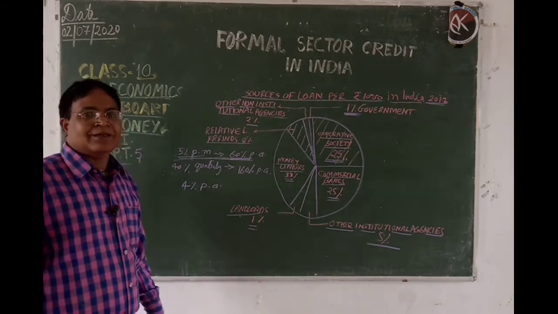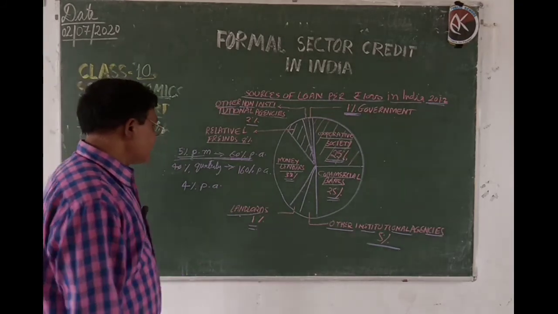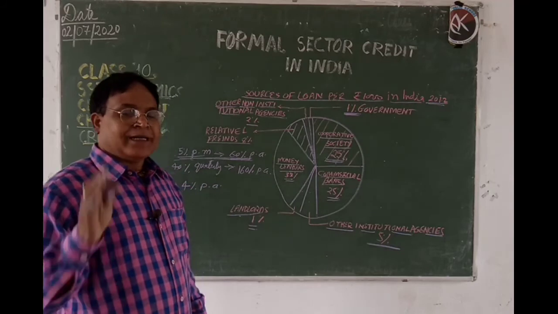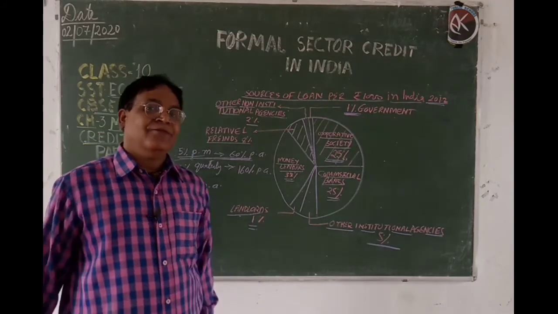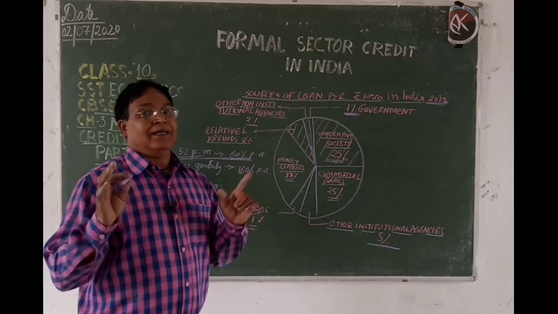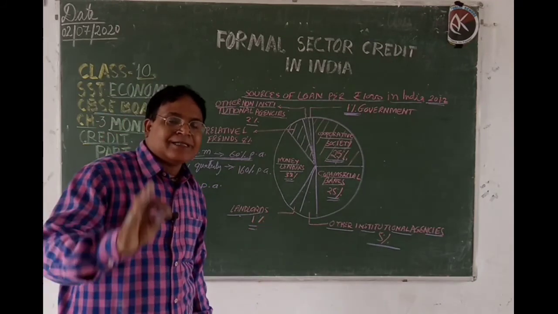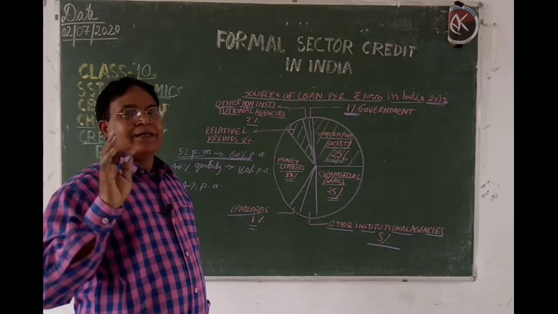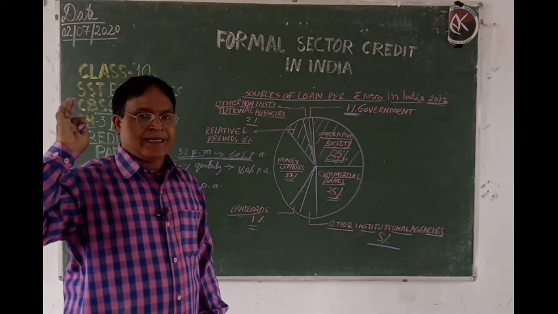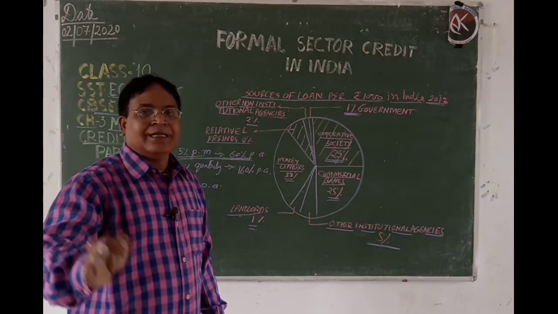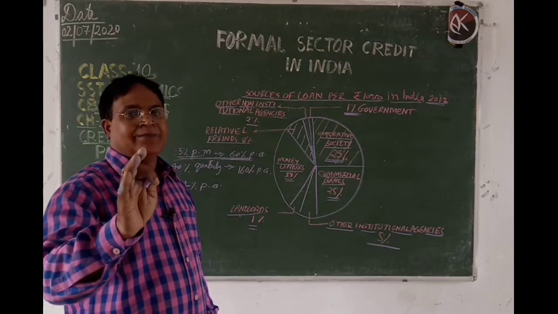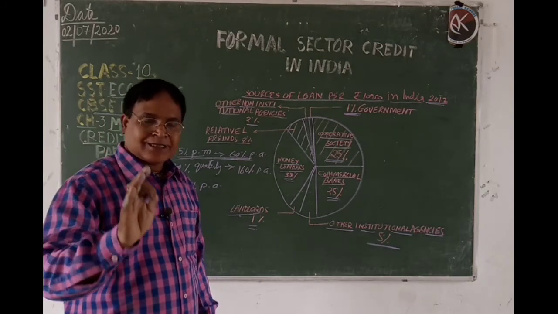They always suffer loss. That's why children, we have to try to understand the difference between formal sector of credit and informal sector of credit. Informal sectors of credit have no rules and regulation. They always take a high rate of interest. They are not organized by Reserve Bank of India or government bodies.